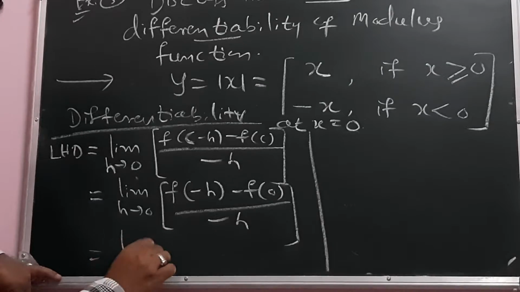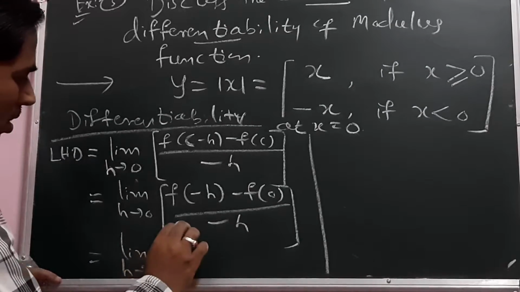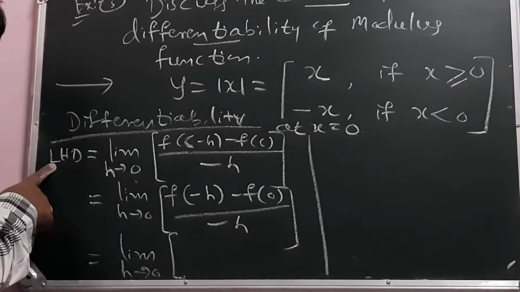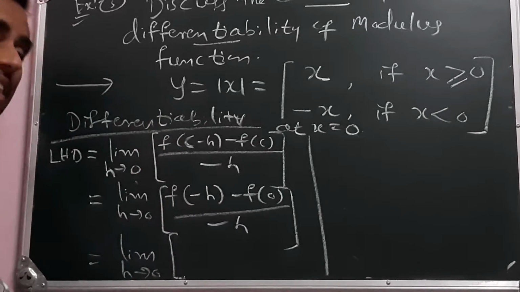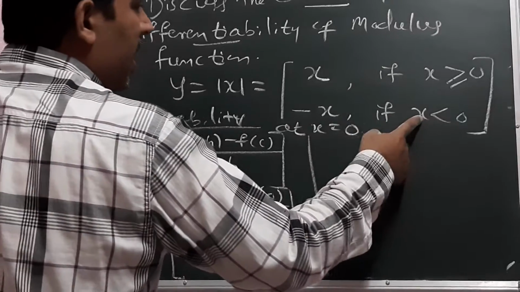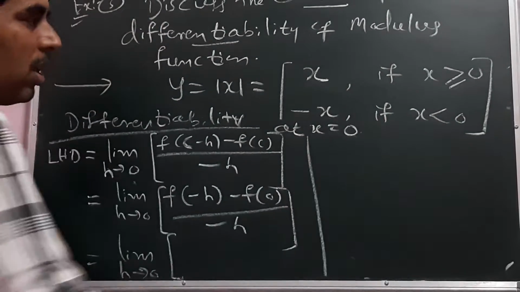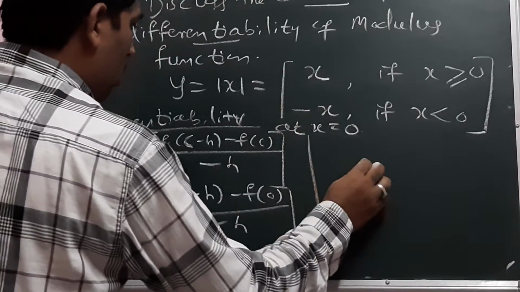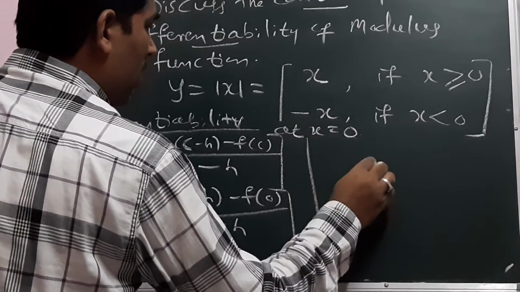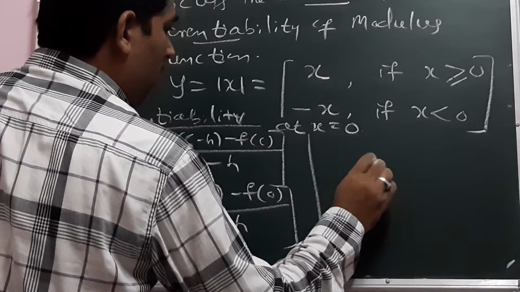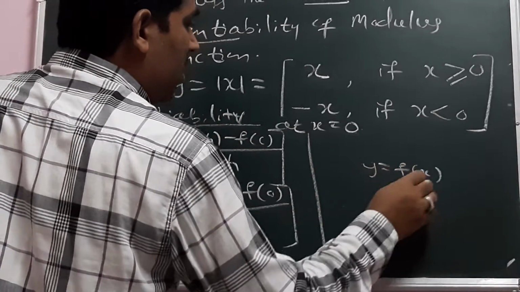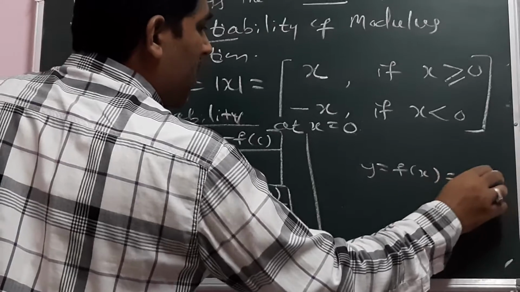Then limit h tends to 0. See f of minus h. What is f of minus h? We are calculating the left hand derivative, which means less than 0, so negative values. Less than 0 means the function becomes minus x. Here y is equal to f of x, so that function is defined as minus x.